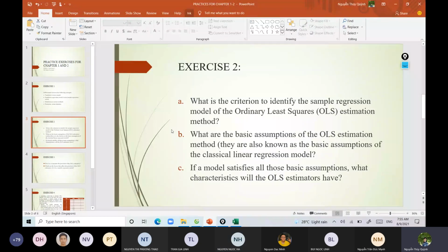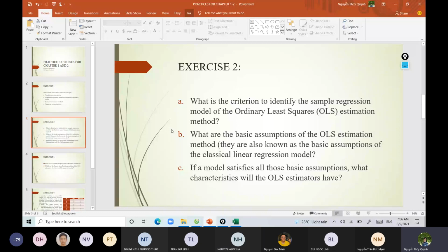But we do not know which line or which curve it is. When we have the sample data in hand, we can identify exactly which line in the coordinate system.